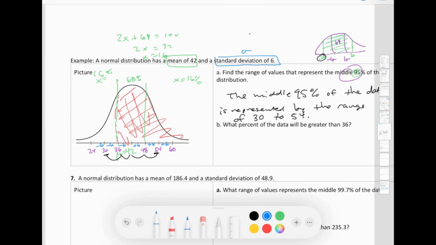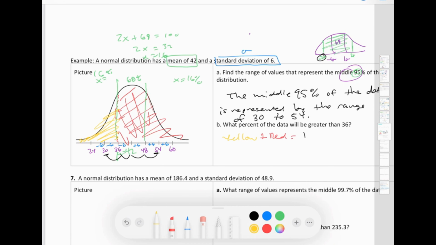But if you think about it, what I'm trying to find is that red region, right? So the yellow, I guess that's a bad way of coloring it. Let's write that, yellow plus red equals 1.